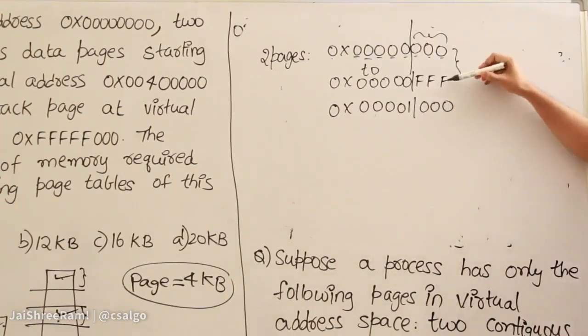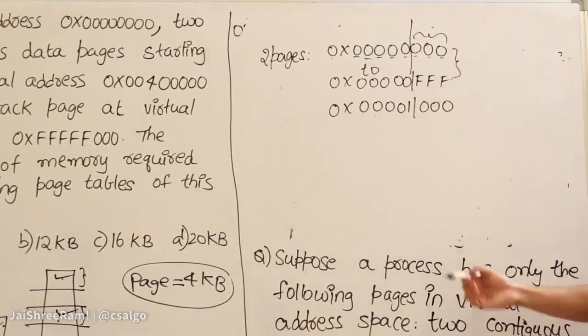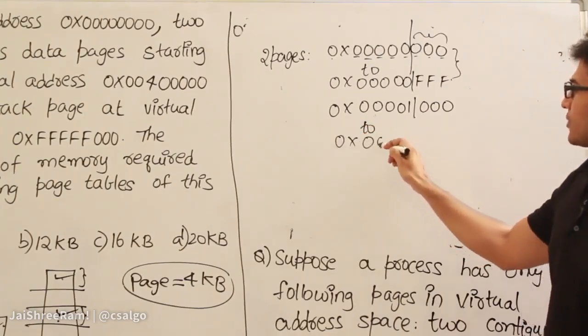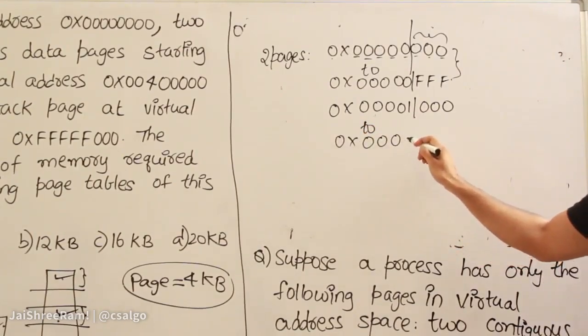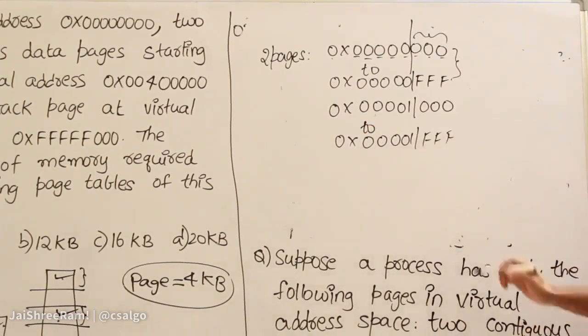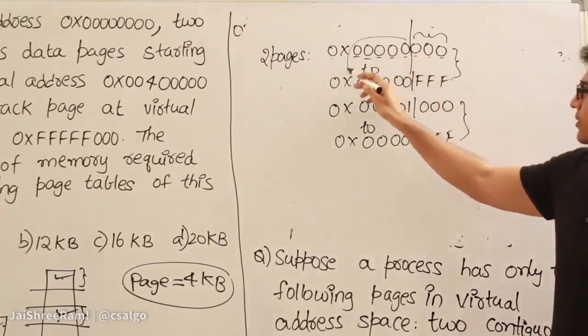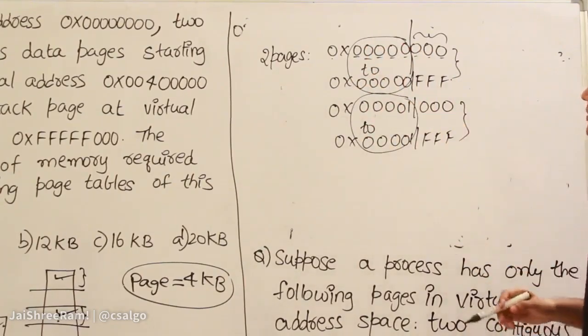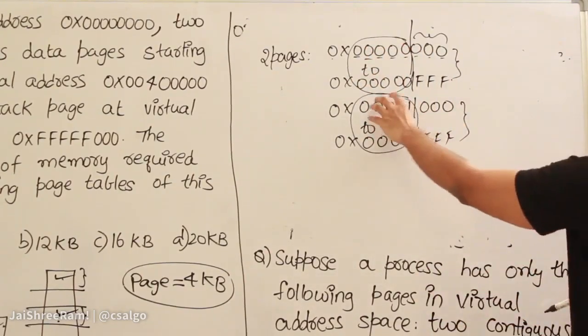Why? Because the address which is after this address is this one. Therefore the second page starts from this and ends at 0x12345fff, right? So these are the two pages, right? In fact, this is the page number of one page and this is the page number of the other page, right? So how many bits are they containing? It is 20 bits and it is 20 bits.